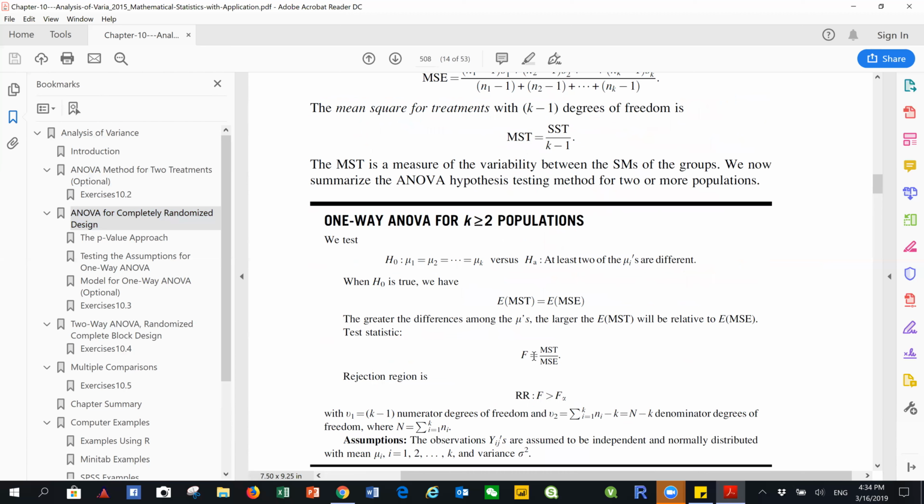The ratio in the numerator is chi-squared divided by its degree of freedom. The ratio in the denominator is another chi-squared divided by its degree of freedom. So the ratio of 2 ratios described just now follows the F distribution. Okay.